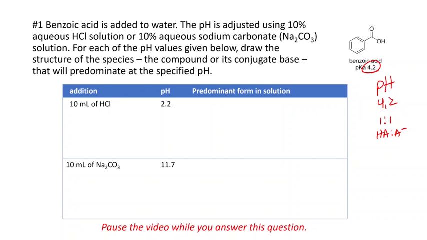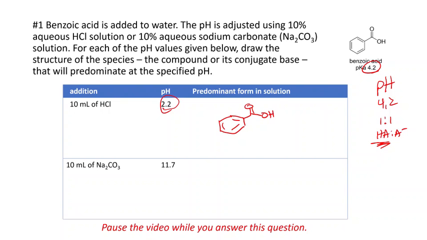And at pH 2.2, by adding HCl, driving that pH to a more acidic value, what we've done is we've pushed the equilibrium even further toward the benzoic acid. So at this pH, it will be almost exclusively benzoic acid.